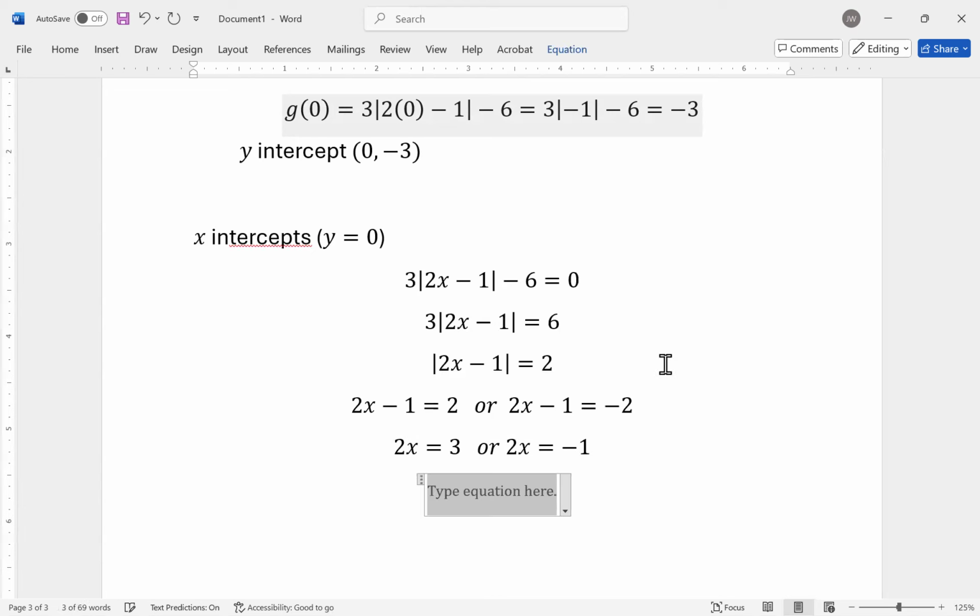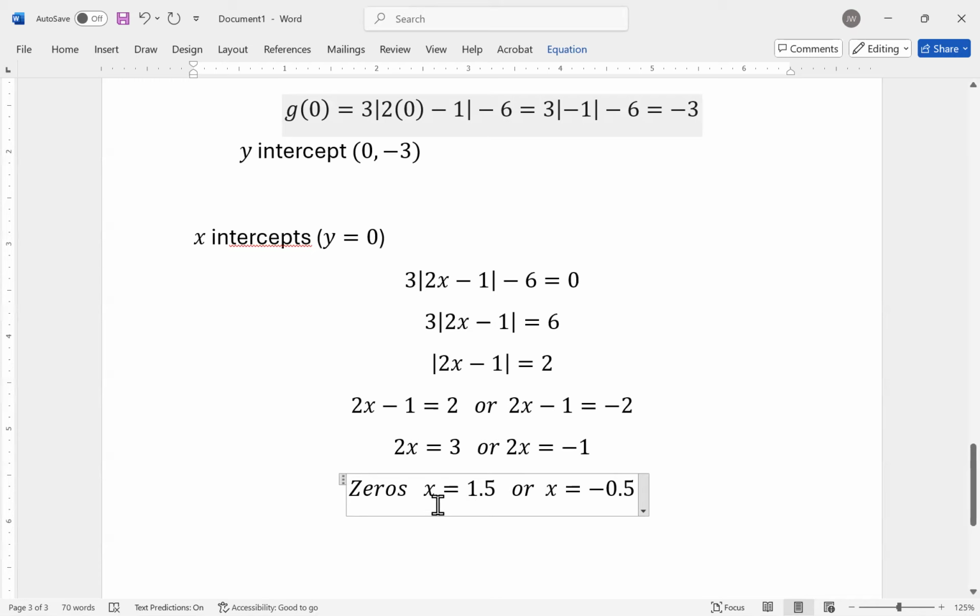I'll write my answers in decimals, but the zeros here are that x could be equal to 1.5, that's 3 divided by 2, or x could be equal to -1/2 or -0.5. Linguistically, we say x could be this or x could be that.